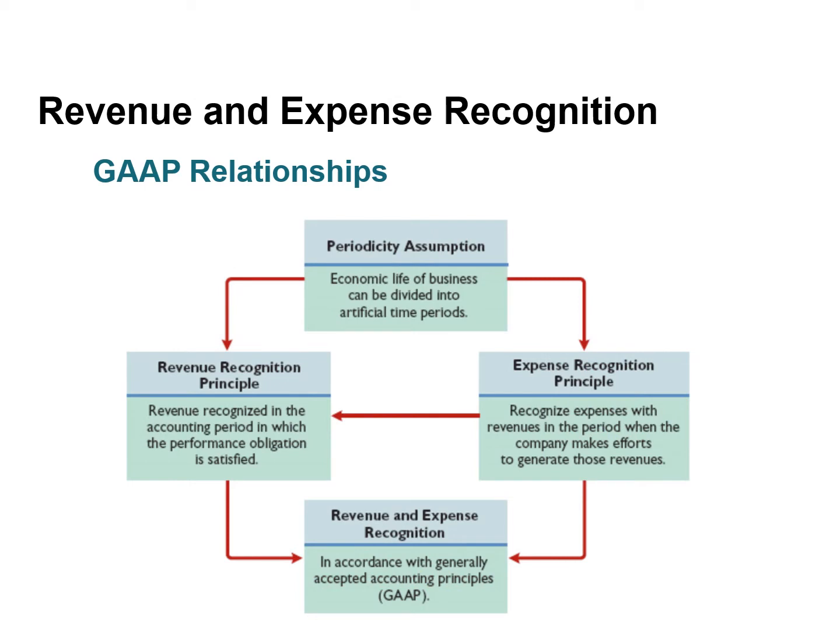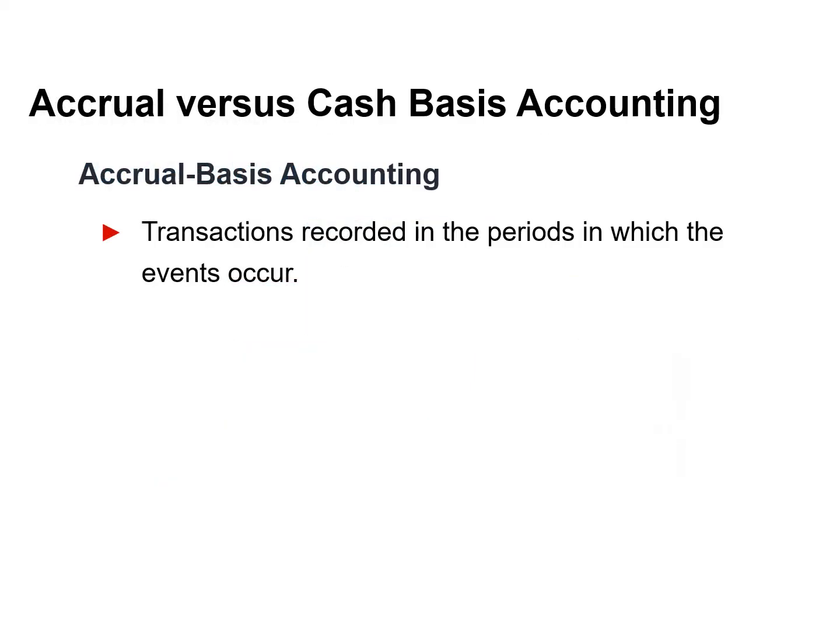The revenue recognition principle and the expense recognition principle help to ensure that companies report the correct amount of revenues and expenses in a given period. GAAP requires companies to record revenue and expenses in the periods in which the events occur, not when cash is received or paid. Accrual basis accounting means that transactions that change a company's financial statements are recorded in the period in which the events occur, even if cash was not exchanged.